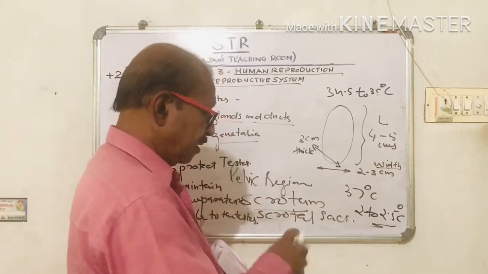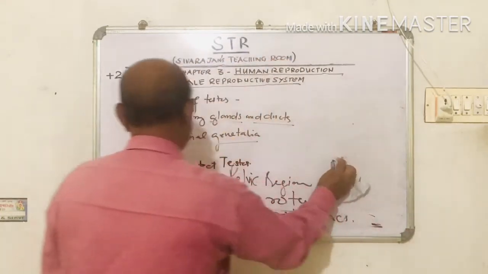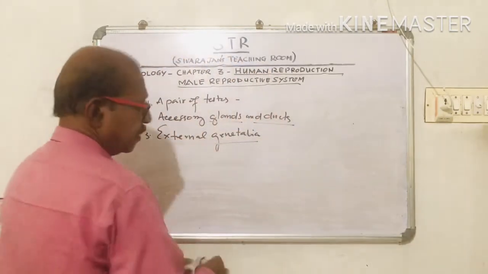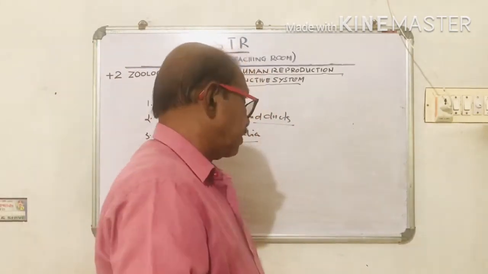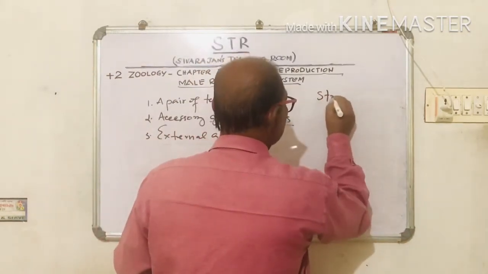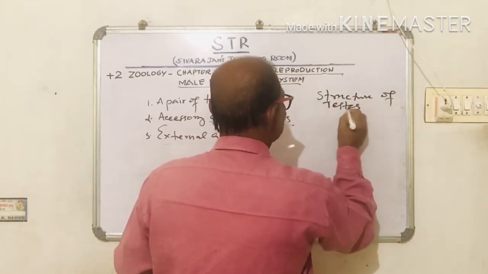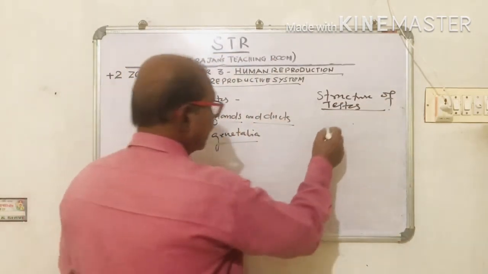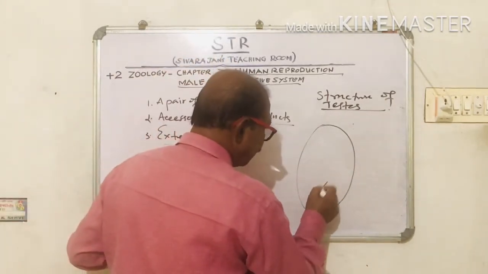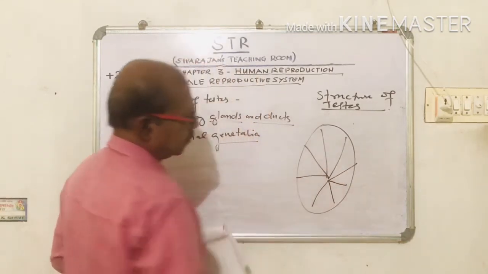we will see the structure of testis. Each testis has 250 compartments.